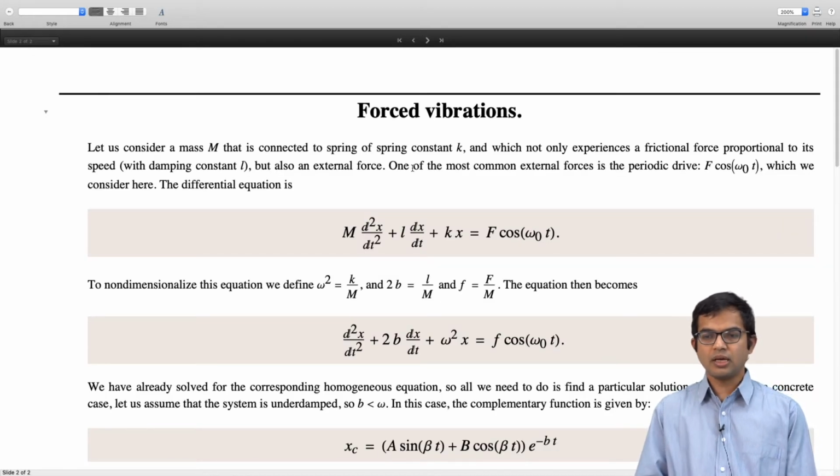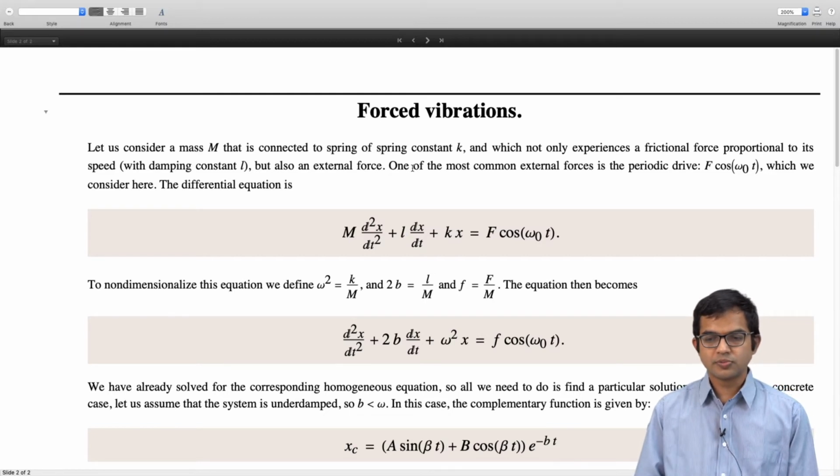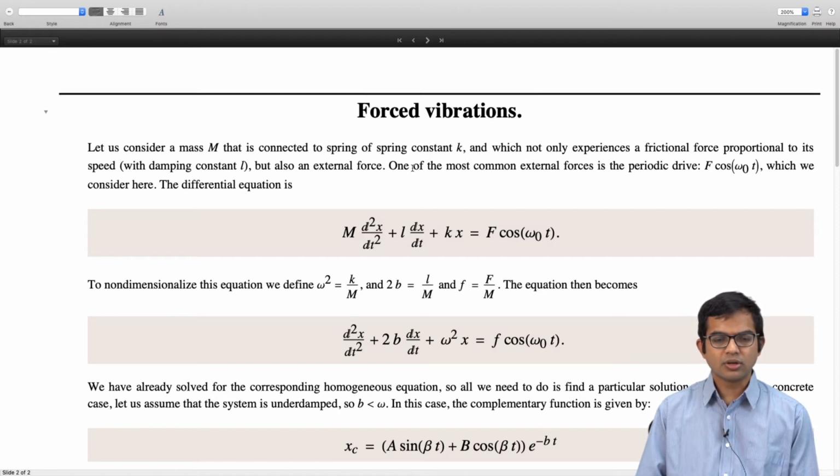Okay, so we have a mass m attached to a spring with spring constant k, and there's a frictional force. We look at a damping constant L associated with this frictional force, which is proportional to the speed of the mass, and there is an external force, right?